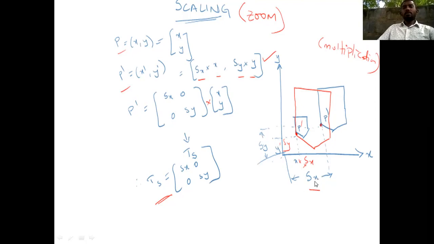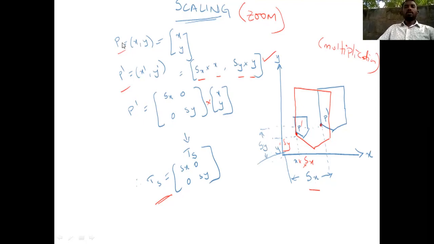The initial object has x in the x direction and y1 in the y direction. When the object is scaled, in the x direction we see Sx and in the y direction Sy.